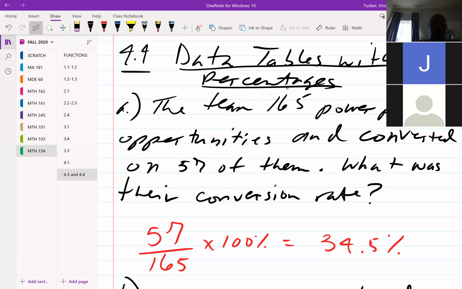All right, so let's look at 4.4, some problems in 4.4. Let me get the backstory on this one, because I didn't write that, because it was a lot.